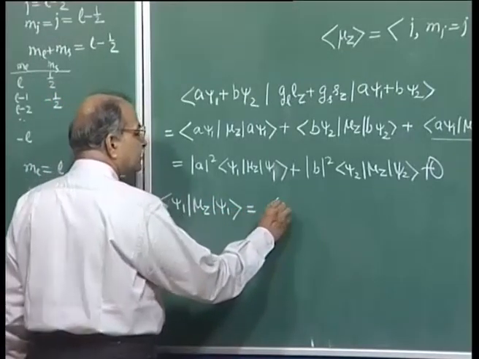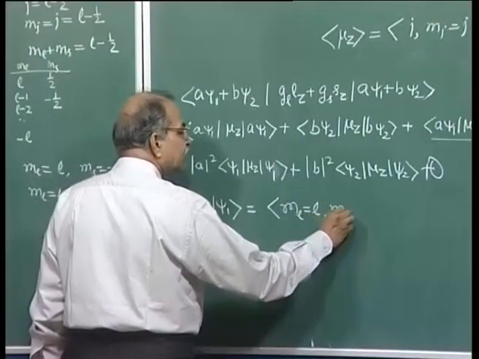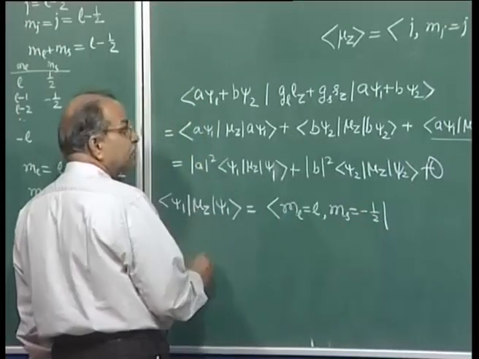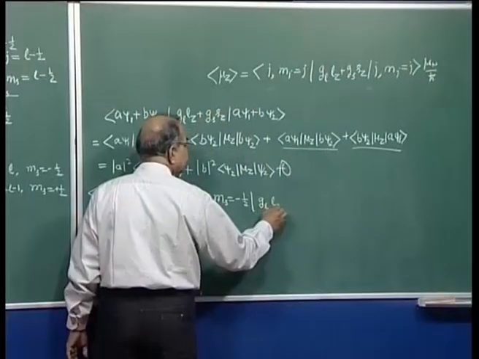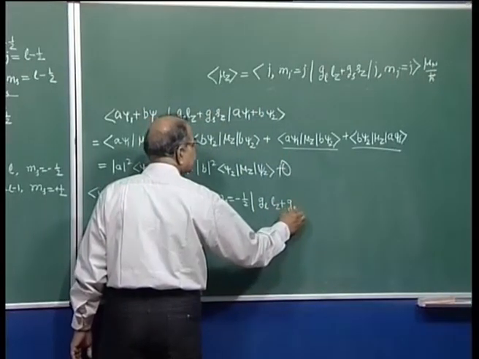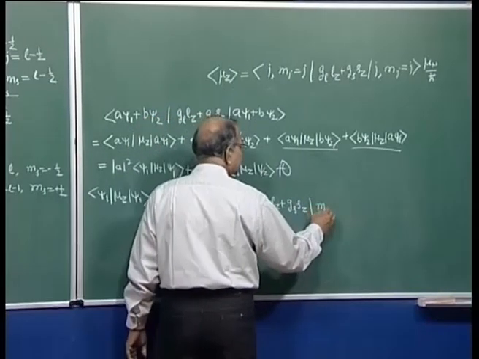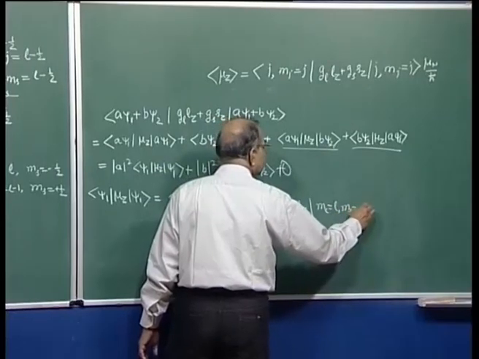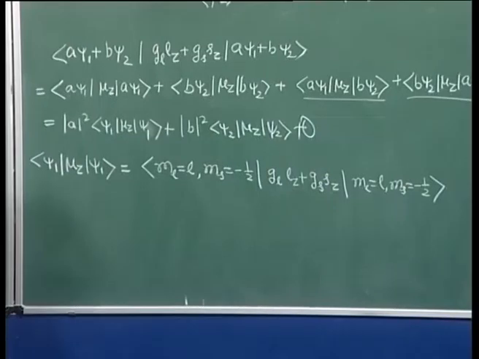What is psi 1? ML is equal to L and MS is equal to minus half, and mu z is equal to GL Lz plus GS Sz, and then this side ML is equal to L and MS is equal to minus half, times mu n by h cross.